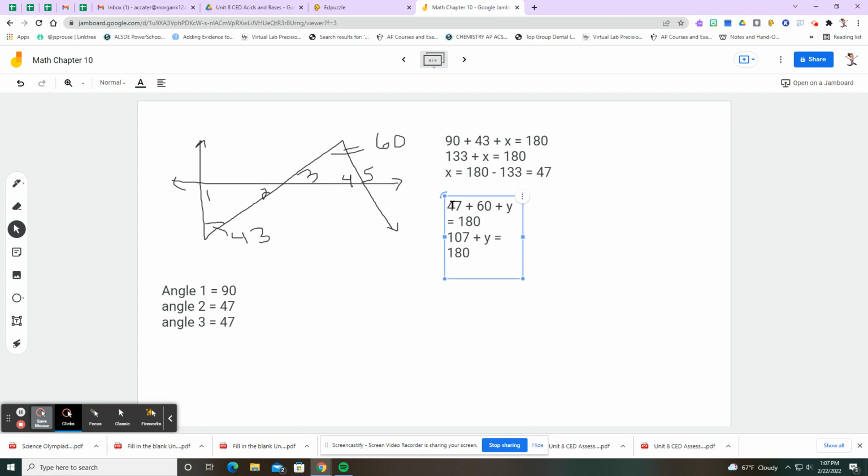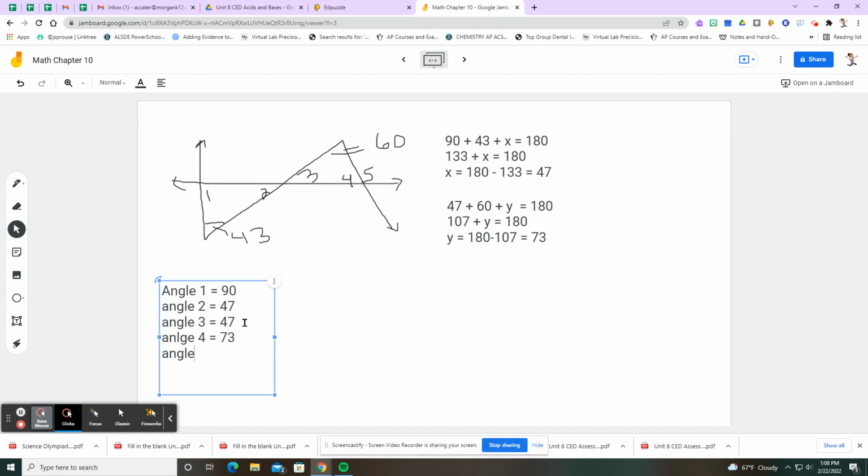And then I'm going to solve for y just by subtracting 107 from 180, which equals 73. So angle 4 equals 73.